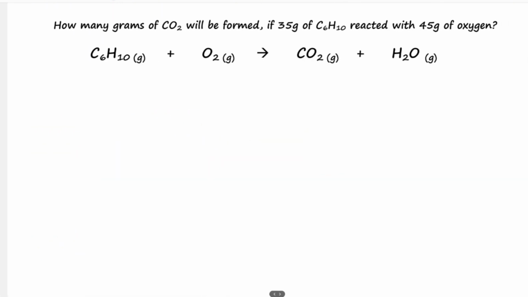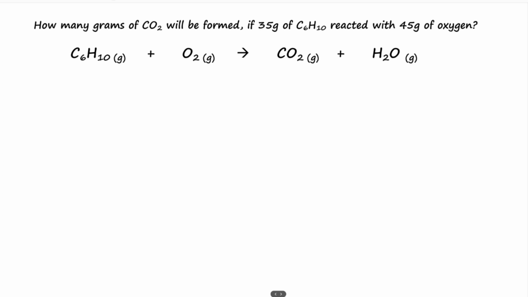So, question number one: how many grams of carbon dioxide will be formed if 35 grams of cyclohexene reacted with 45 grams of oxygen? They provide you with the values of cyclohexene and oxygen.